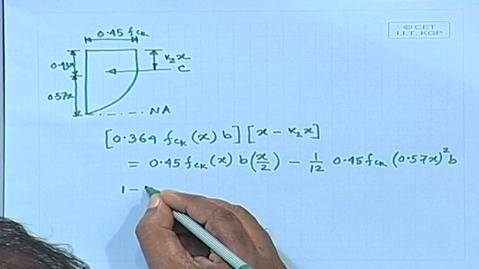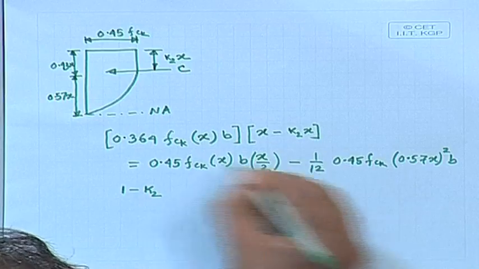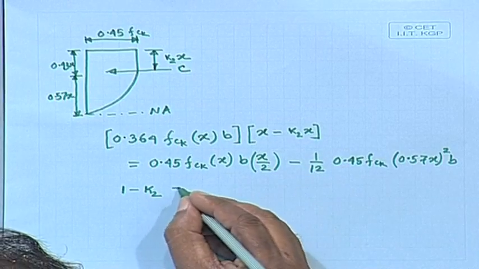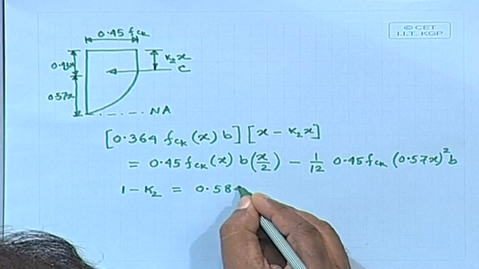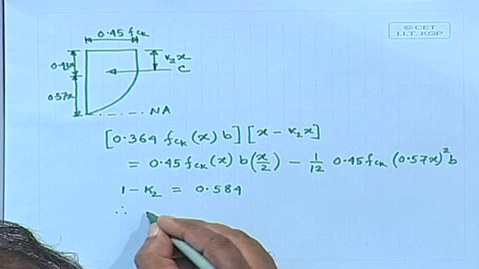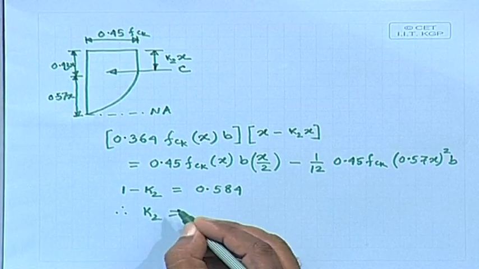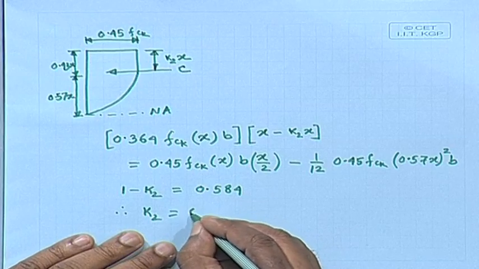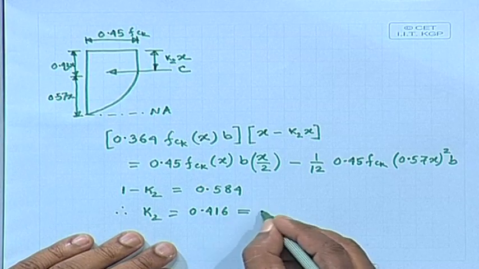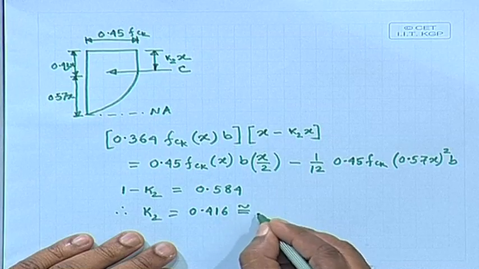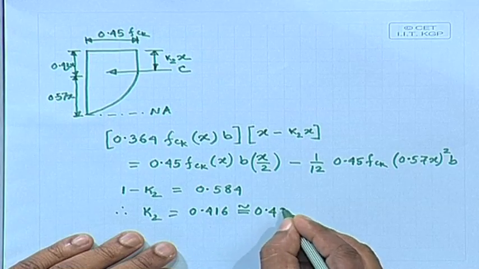So we shall get 1 minus k2, if we simplify it, equal to 0.584. Therefore, k2 equals 0.416, or let us say 0.42.